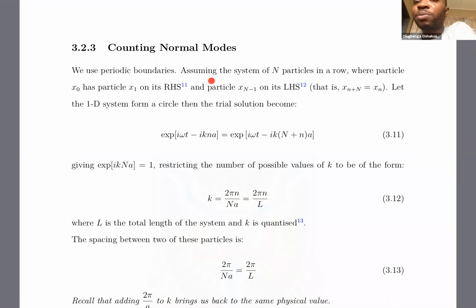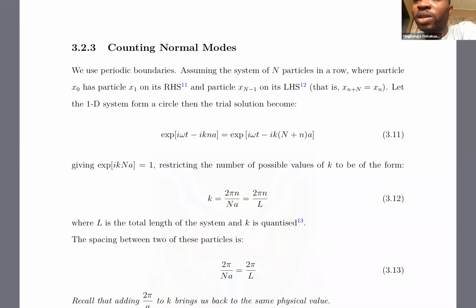When we use periodic boundaries, assuming that we have a system of N particles in a row, where the particle x0 has x1 on the right, and x_{N-1}.